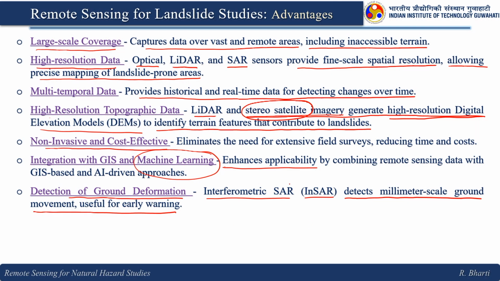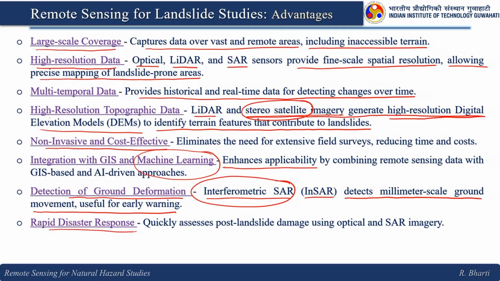So, what happens in the interferometric SAR? We are generating the interferograms and then we are generating the phase information, and those phase information will be used for identifying the changes, and that will be in the millimeter scale.